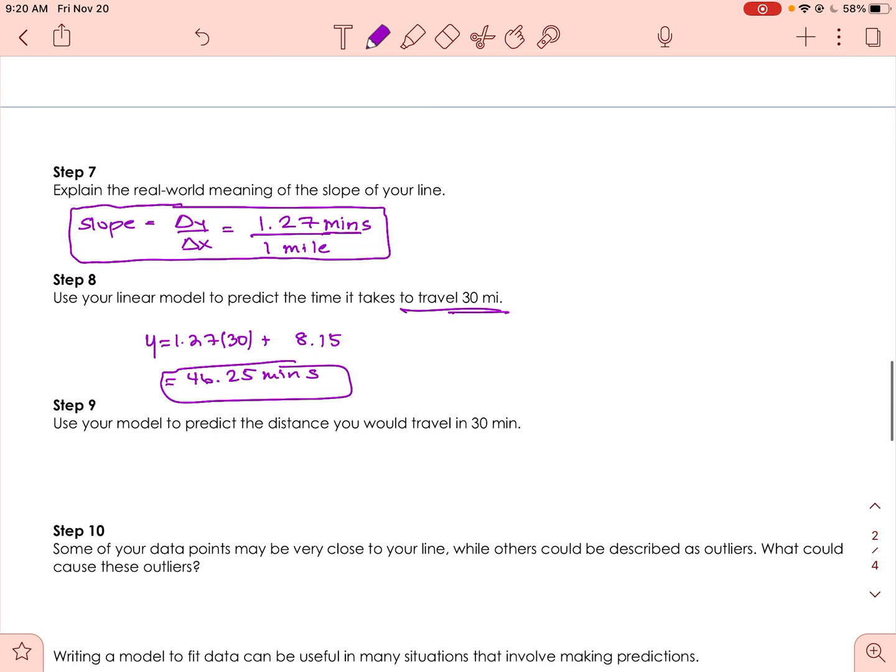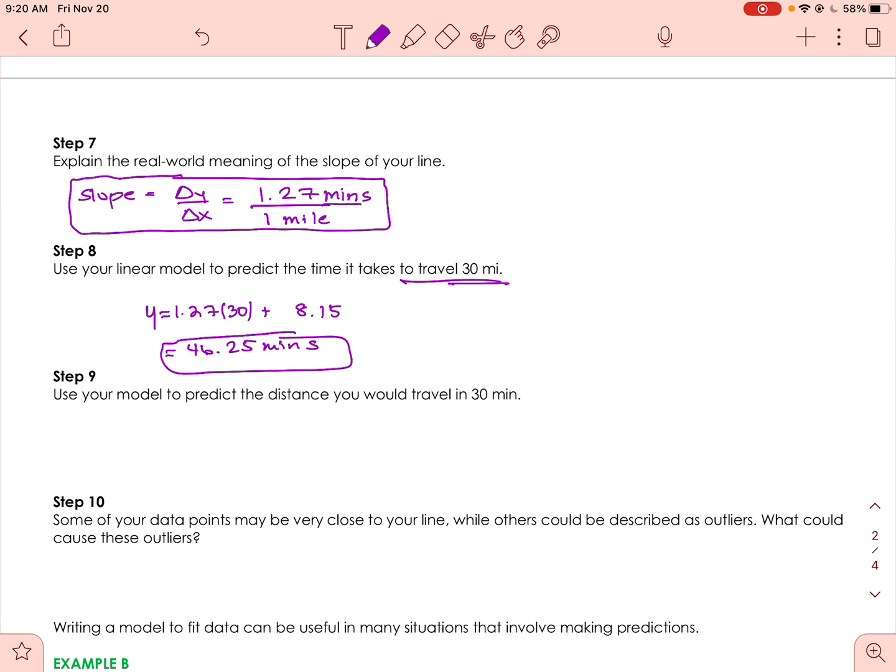Okay? And then finally it says use your model to predict the distance you would travel in 30 minutes. So in this case, if we wanted to predict the distance traveled in 30 minutes, minutes is our time, or is our y value, so we have 30 equals 1.27x plus 8.15. We would subtract 8.15, and so 30 minus 8.15 is 21.85.